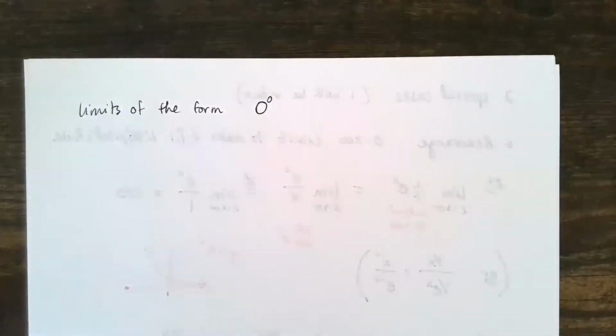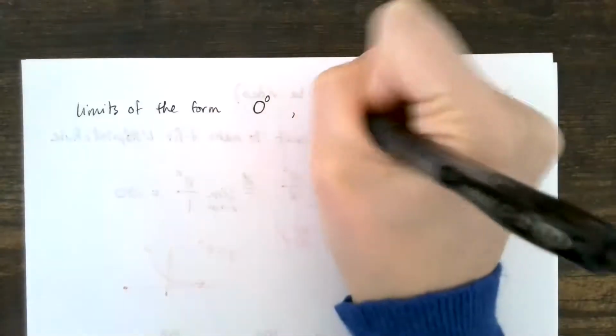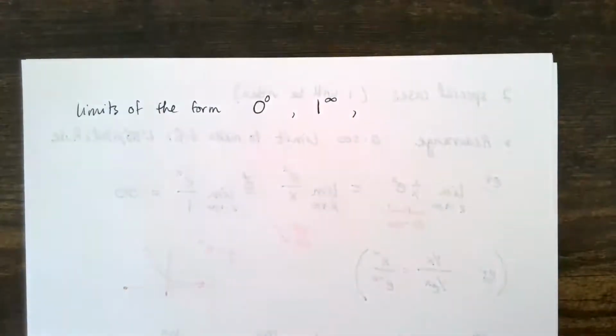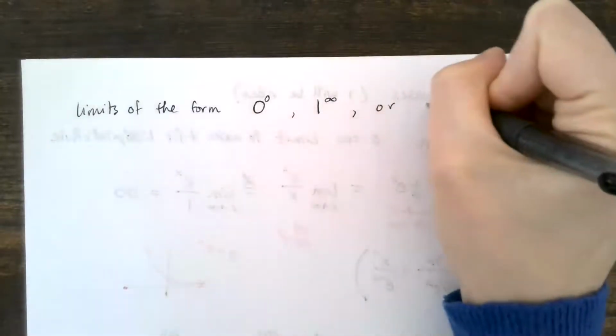That's a mystery indeterminate form. 1 raised to the infinity power. Same deal. It's not super obvious what that limit would go to. Or infinity raised to the 0 power.